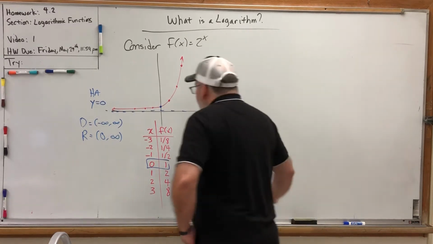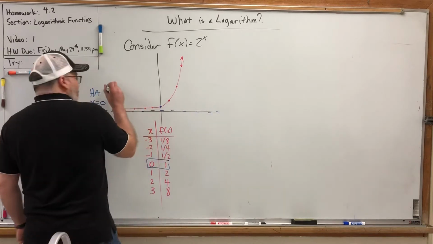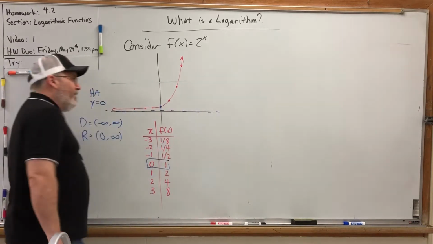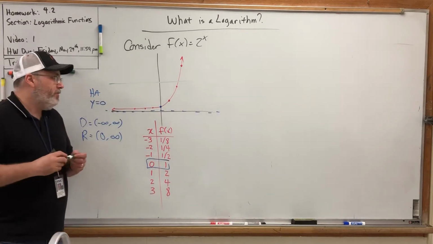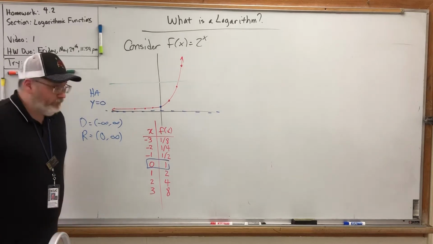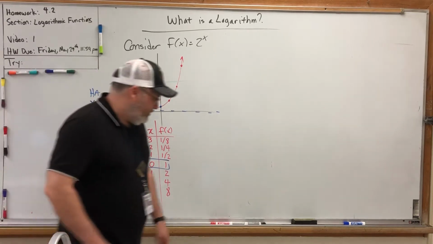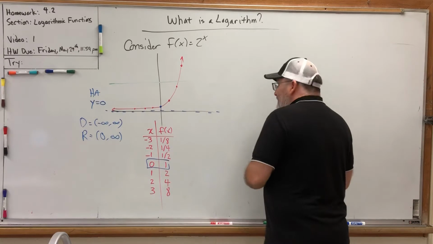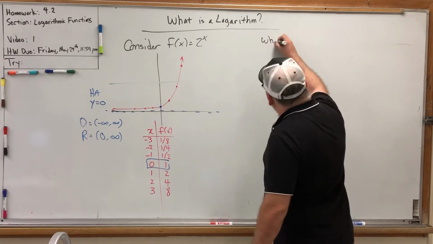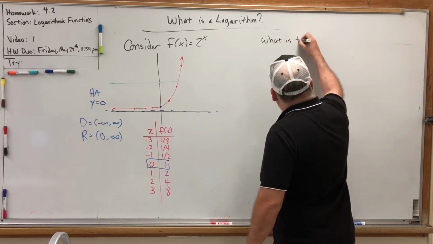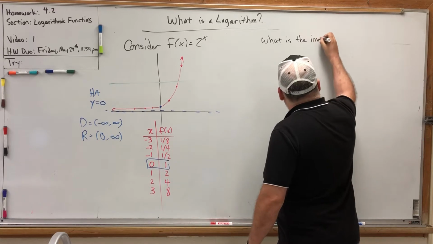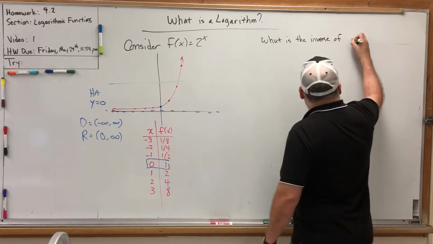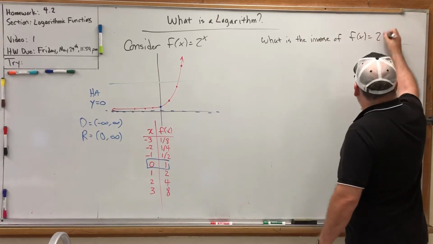But this graph does pass the horizontal line test, which means if I can hit it with a horizontal line, I can only hit it once. And as a consequence, the function is invertible. So it raises the question, what is the inverse of this function, f of x equals 2 to the x?